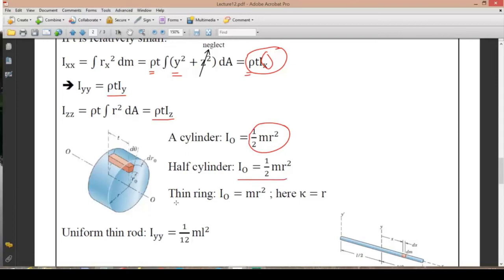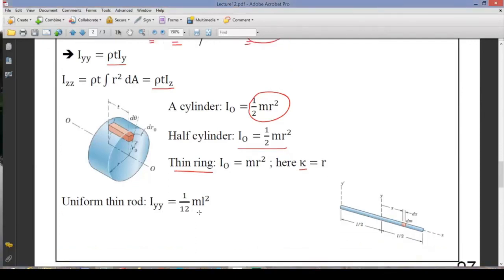If we're going to think about the thin ring, this is actually the definition of the radius of gyration. So here mr squared, r becomes equal to kappa, which is the radius of gyration. For a uniform thin rod, this is the information we have. And for different types of objects, you can find these already calculated values for the mass moment of inertia.